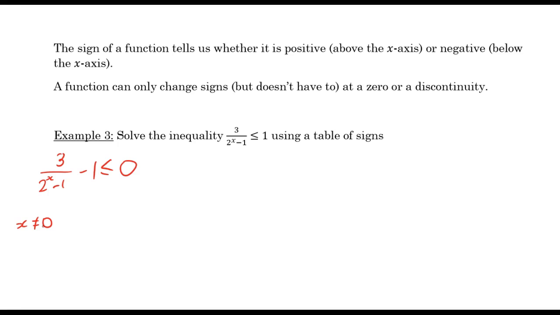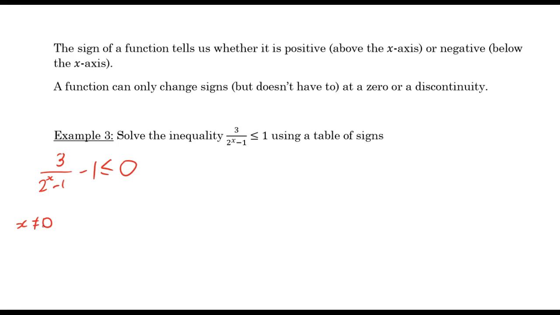Now, is it possible for this to be equal to 0 anywhere? Is it going to touch the x-axis? Well, if 3 over 2 to the x minus 1 was equal to 1, then it would be equal to 0.